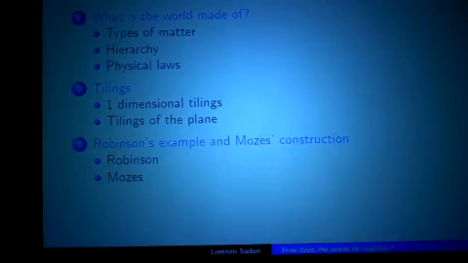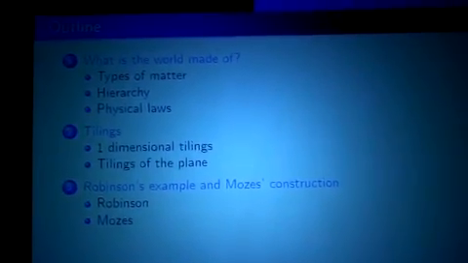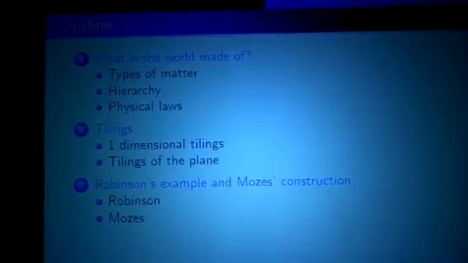I'm going to spend some time on this particular construction and a particular hierarchy and see if we can understand that example really well, because it's a nice example of the kind of ideas that I'm going to be talking about. I'm not saying that matter is actually composed of the particular structures that appear in Robinson's model and Moses' construction, but this shows how the kind of structure that we're talking about can come about.